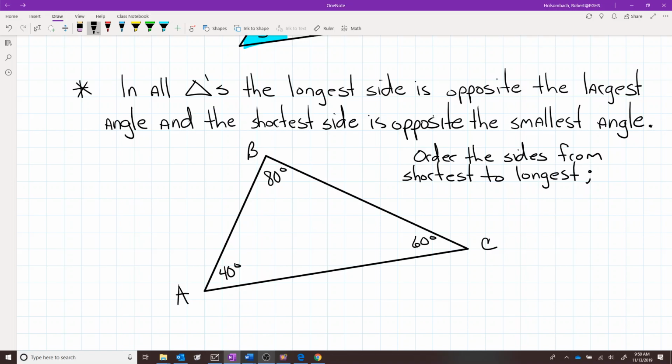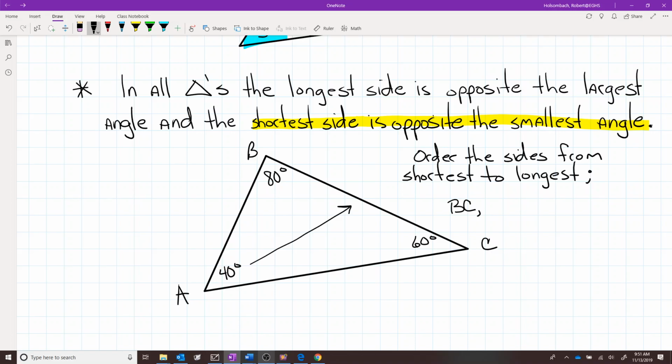The shortest side of this triangle, the shortest side of a triangle, is opposite the smallest angle. So isn't the 40 is the smallest angle? So wouldn't side BC be the shortest side? The longest side is opposite the largest angle.